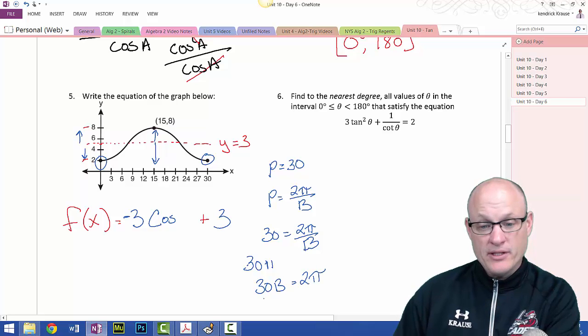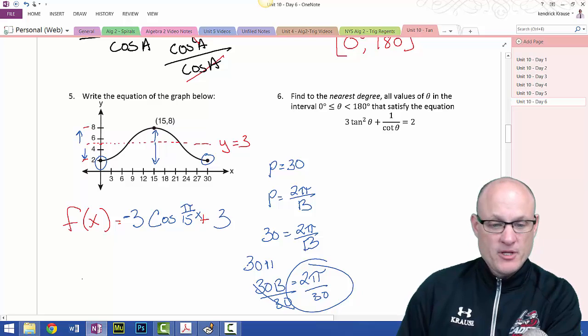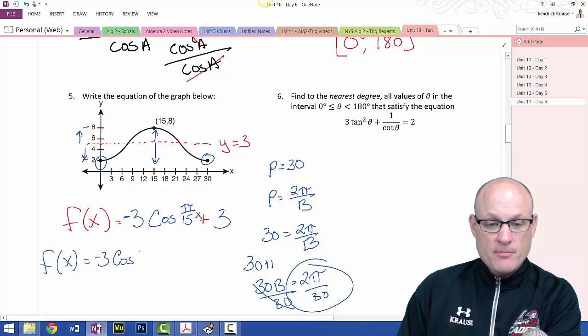And if I solve for b, I divide by 30, I divide by 30, and I get b equals 2 pi over 30, which is really pi over 15x. And there's your equation. So let me write it up nice and neat for you. F of x equals, that was a really hard one, negative 3 cosine pi over 15x plus 3.